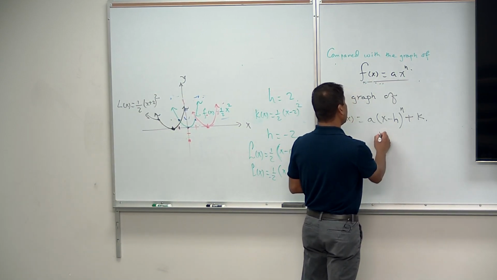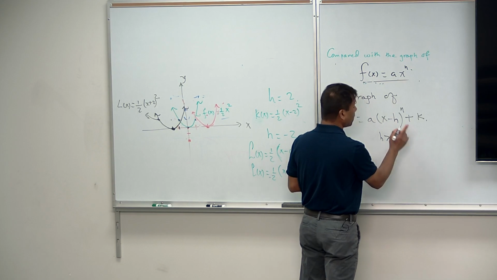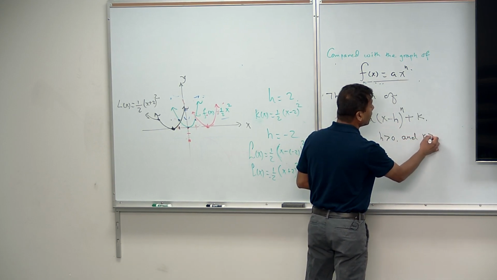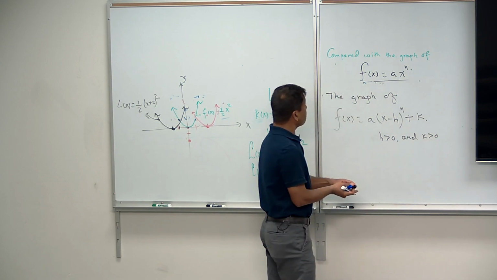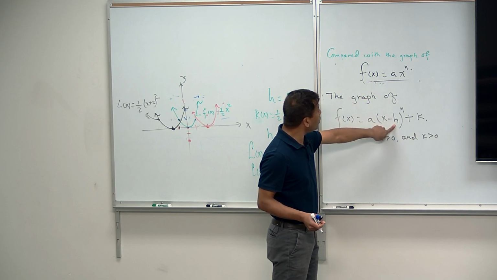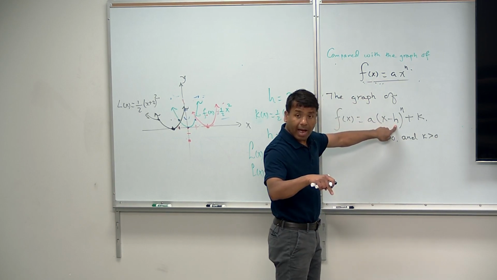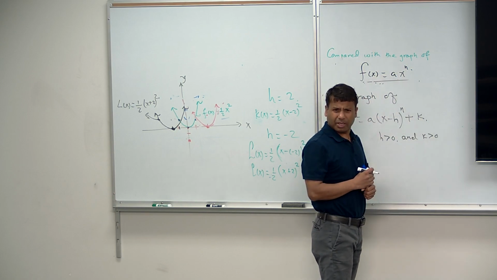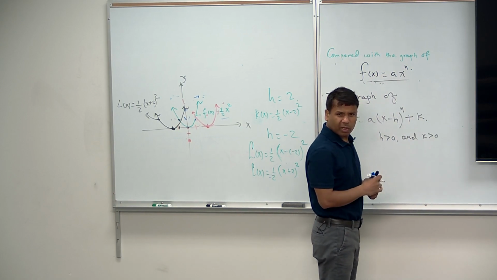Let's say if h is positive and k is positive, what will happen? You shift this graph h units to the right and then k units up. You see that? Are you with me?